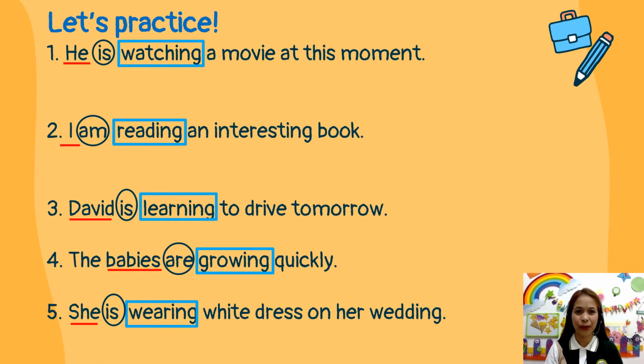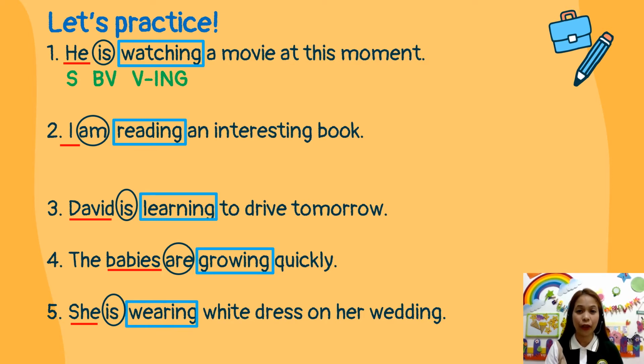Okay, so let's practice. Number 1, he is watching a movie at this moment. Your subject is he, so your be verb is is, and watching is your verb ing. We use the form subject, be verb, and verb ing.